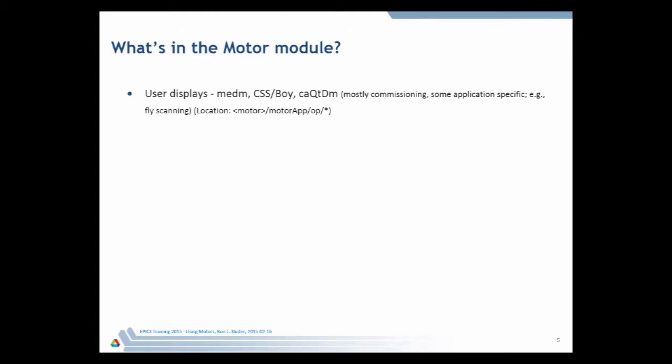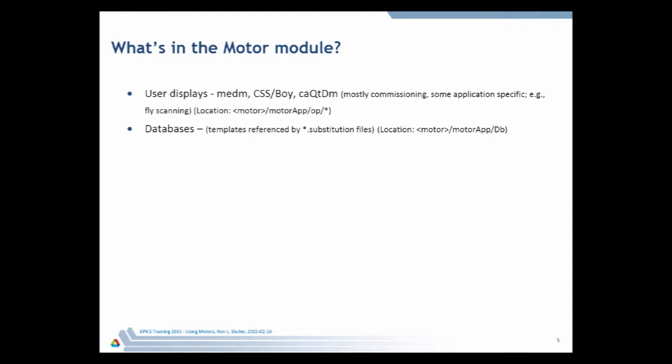Now, if you see this small print and location, since a lot of people ask where these files are, I've put this in this presentation so that there's some reference to where you will find these displays.